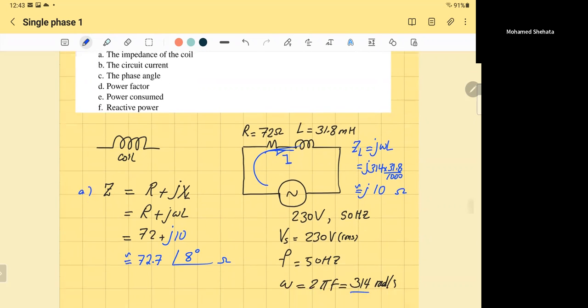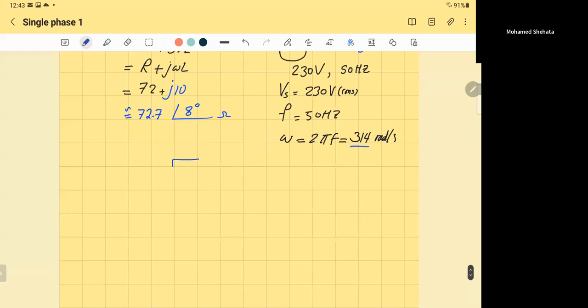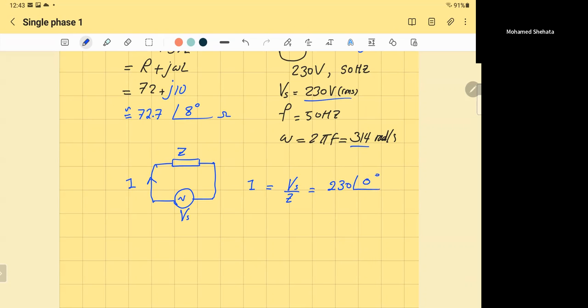So if you sketch it, you have Z like that, and you got the voltage source Vs, and that's the current. So it's easy, Ohm's law. I equals Vs over Z. And Vs, I have it equal to 30, and the angle is 0. No shift.